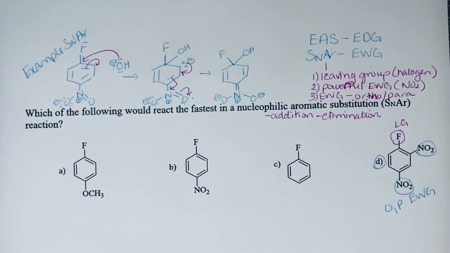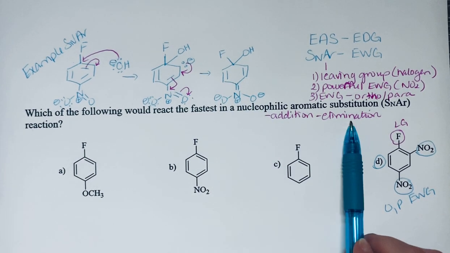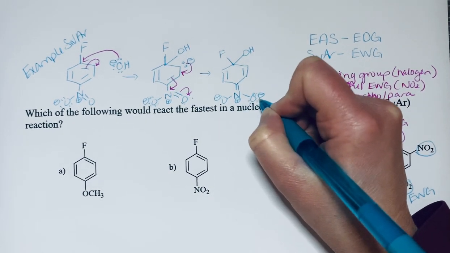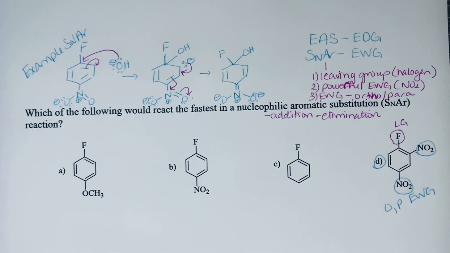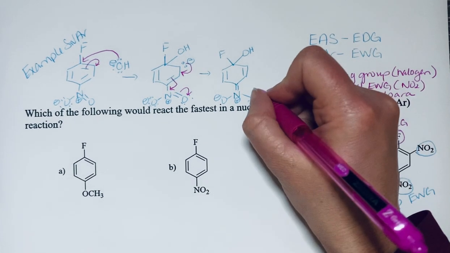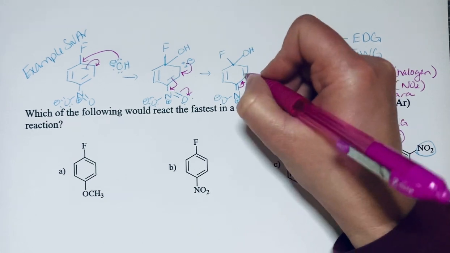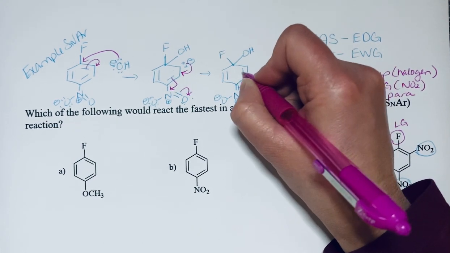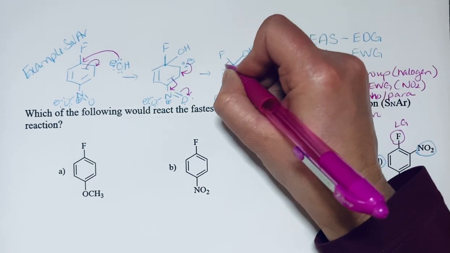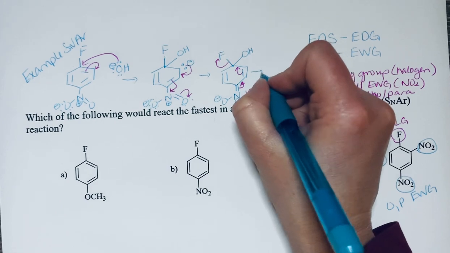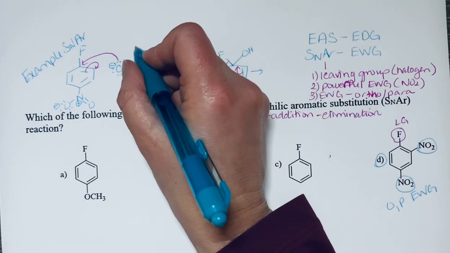All right, so this was the addition portion showing the resonance stabilization of that anion. We want to get back to having an aromatic ring, so now we're going to do the second half of this reaction, which is elimination. So we need to push electrons back through, and we can push from either one of these oxygens here and kick off our leaving group. So now we're putting another pi bond in the ring, moving this pi bond, and kicking off the leaving group. And that'll give you your nucleophilic aromatic substitution product.